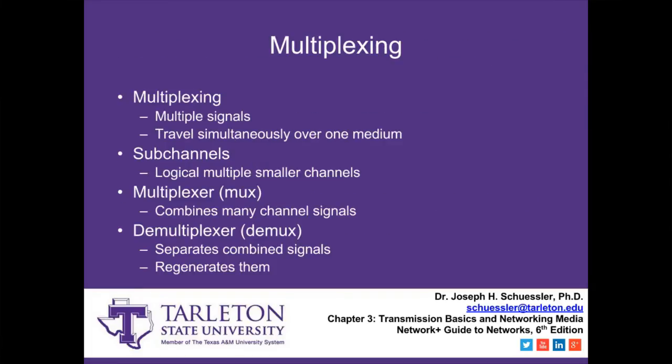Now what happens if we have lots of devices or several devices that want to use the same communication channel at the same time? Well, that's where multiplexing comes in. It allows multiple signals to travel simultaneously over one medium. You might do this, say, for example, when you have a long distance channel that you need to be able to send data through.